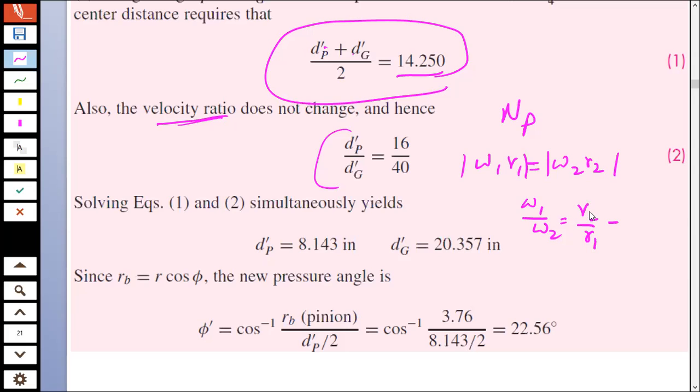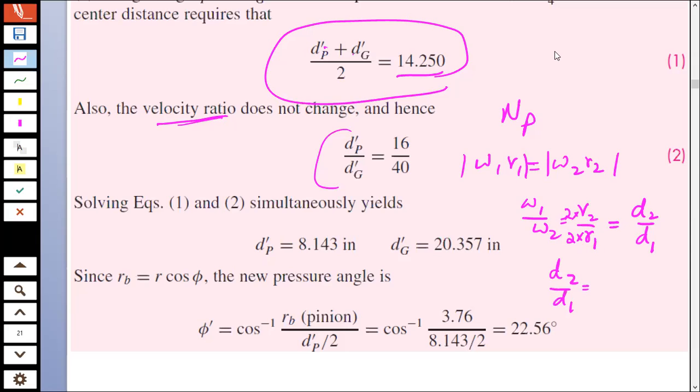If I multiply the numerator and denominator by 2, nothing will happen, right? But this will become D2 over D1. So basically this is my d2 over d1. I'll further go over this.